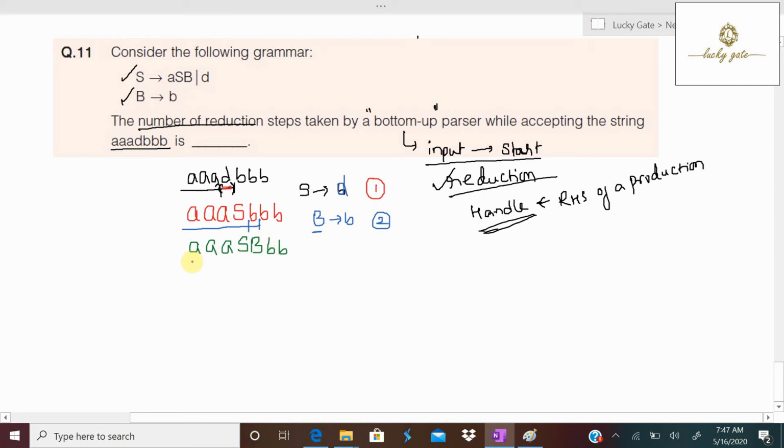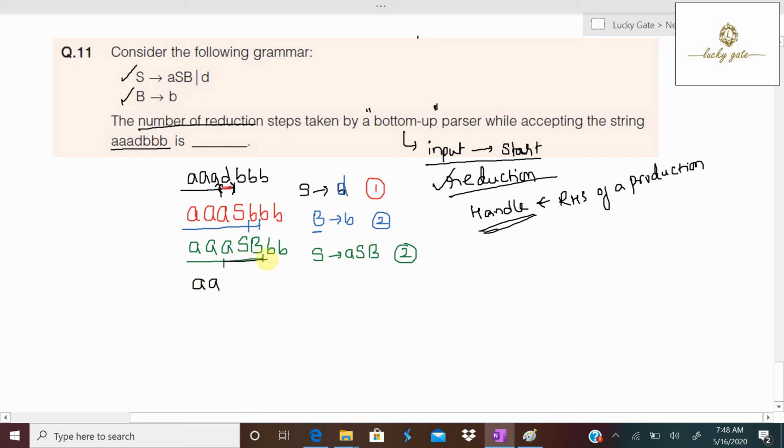Again the process is repeated, scanning from left to right and stopping as soon as it finds a handle. Now here it finds the handle for S tends to ASB. As soon as a handle is found, perform the reduction, meaning replace the RHS with its left hand side. After replacing the RHS ASB with S, we have the sentential form AAS with two B's.